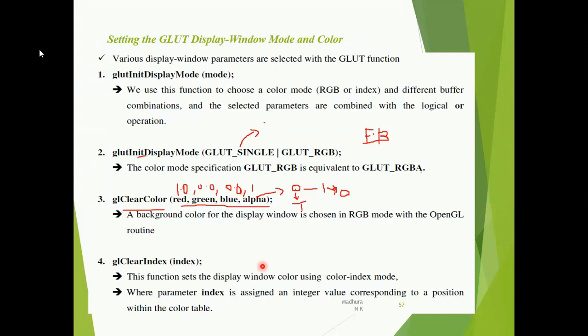Using the value present in the color table, the background will be set. It may be red, black, any color, depending on the value chosen from the color table. So this is also again to clear the background itself.